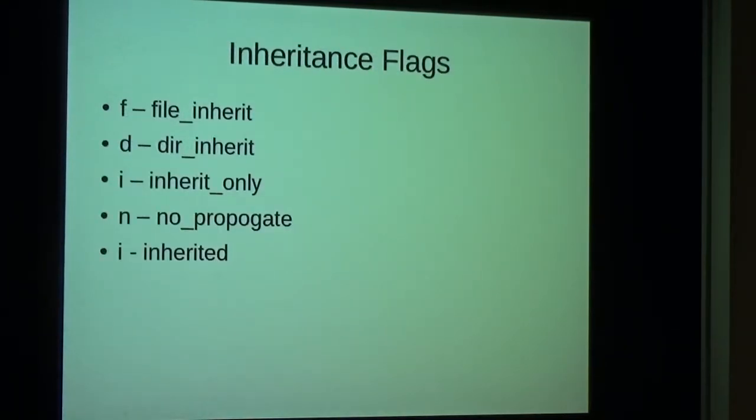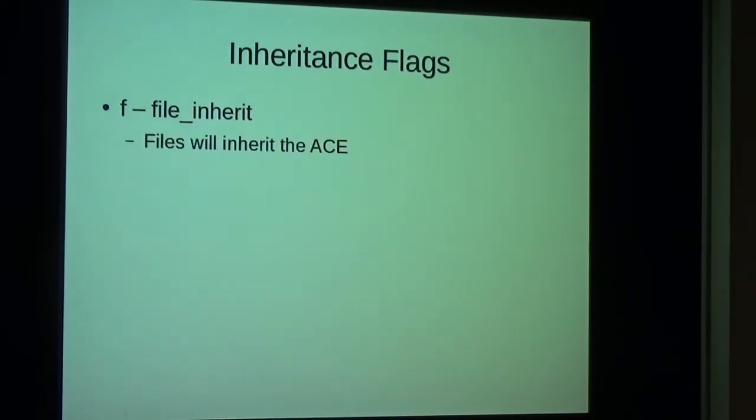So next up is the third or fourth field of the ACL entry, and these are the inheritance flags. I'm going to go over these individually as well. So the first one is file inherit. This means that all files in the sub... By the way, inheritance flags can only be set on directories.